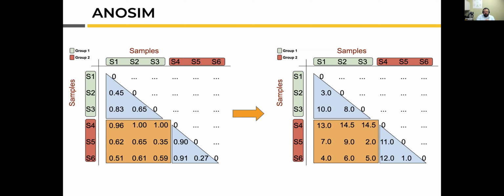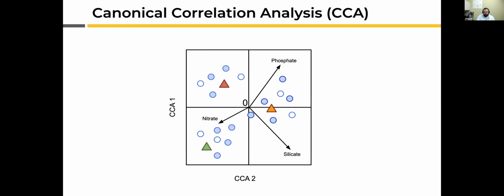And so then you get an R value from this, and an R value close to 1 suggests dissimilarity between groups, whereas an R value below 0 suggests that the dissimilarities are greater within the groups than between the groups. And as with many other of these non-parametric tests, significance is determined by permutation.